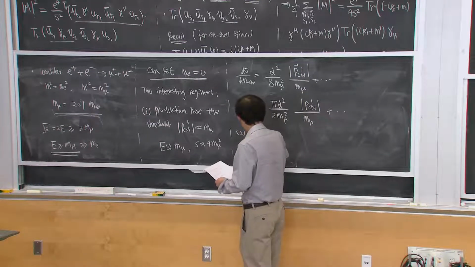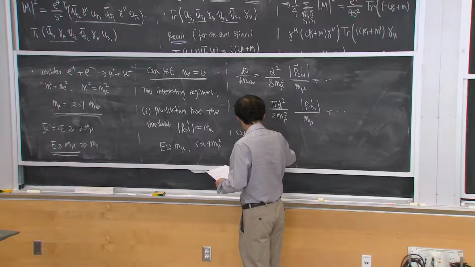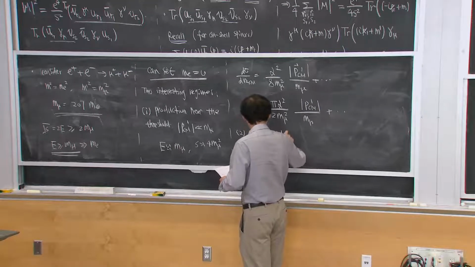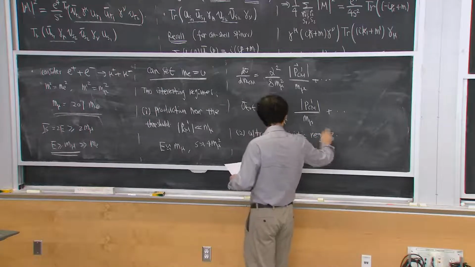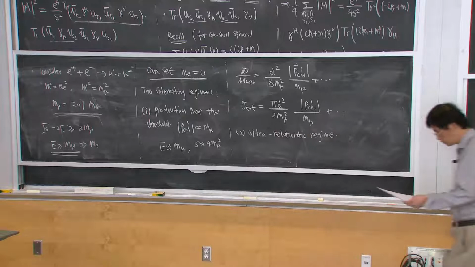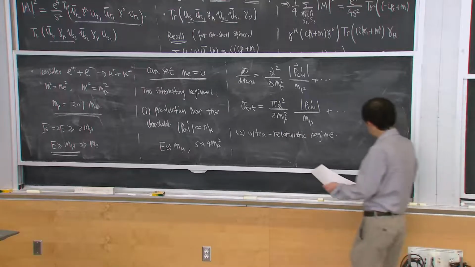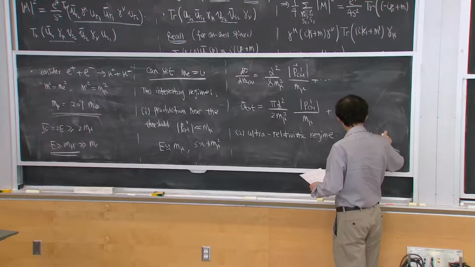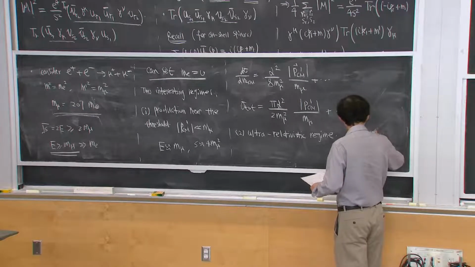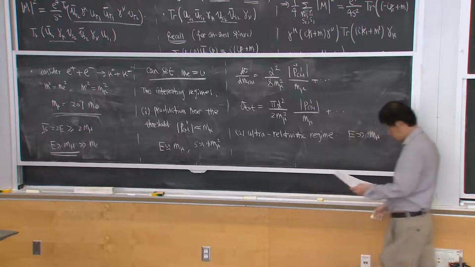Another regime of interest is the ultra-relativistic regime. In this case, we can take E to be much greater than both m_e and m_mu.